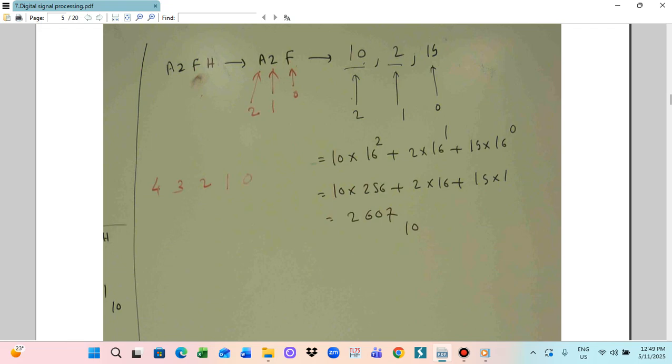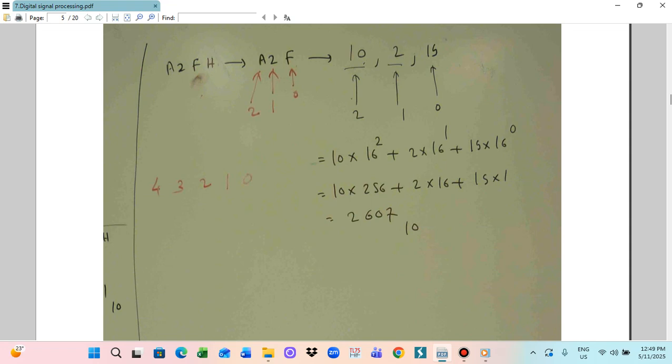So 10 is located at location 2. So this is for the 10, and this is 2 and F. Okay, this is 10, 2, F.